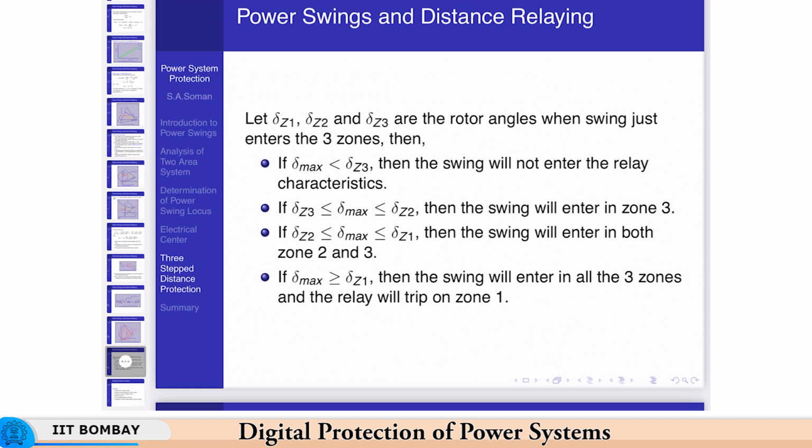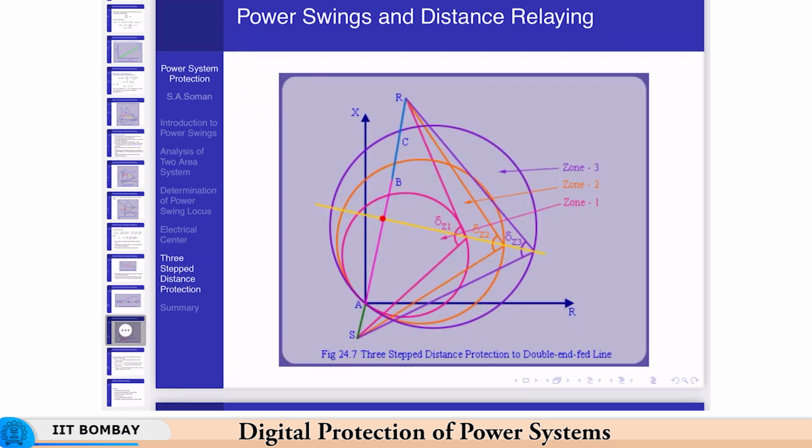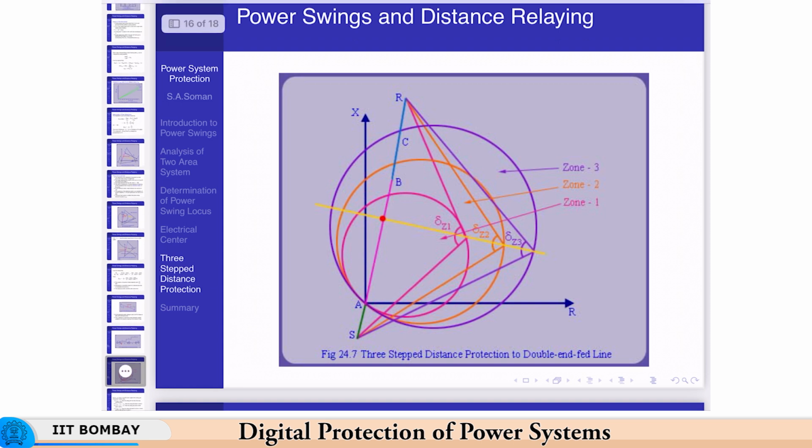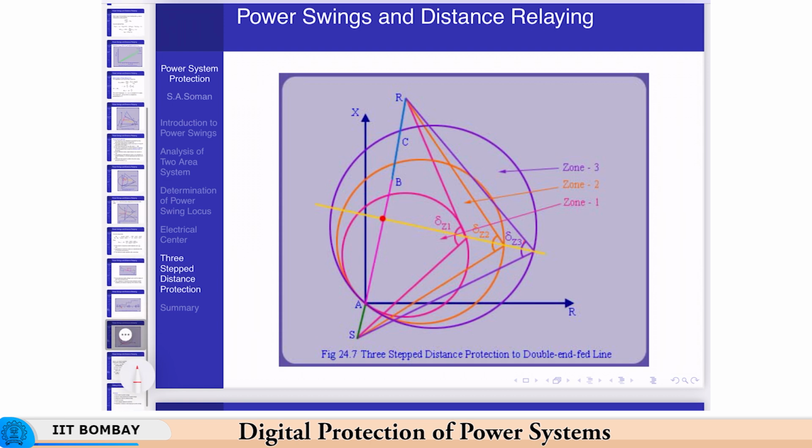If delta max is less than delta of zone 3, this is the delta zone 3, the angle that the impedance locus subtends to the two ends of the line, okay. So, if delta max is less than delta Z3, you do not have to worry. Okay, that means it is outside, it is somewhere far off from the relay characteristics, and it will not affect the relay operation. Okay.